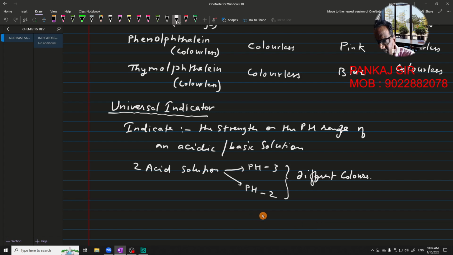So you'll have 14 different colors, and from those you can definitely find out the pH value. And for this 0 to 14 range of colors, I will just point out the main colors.